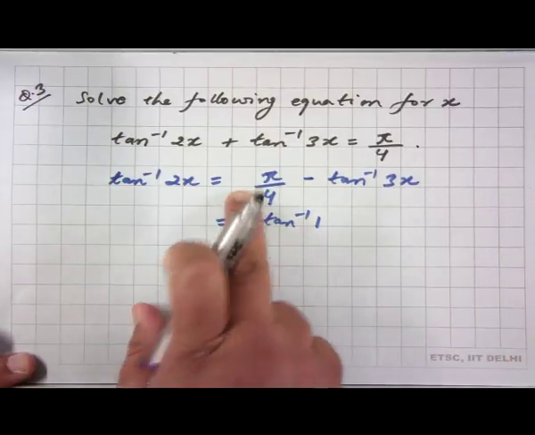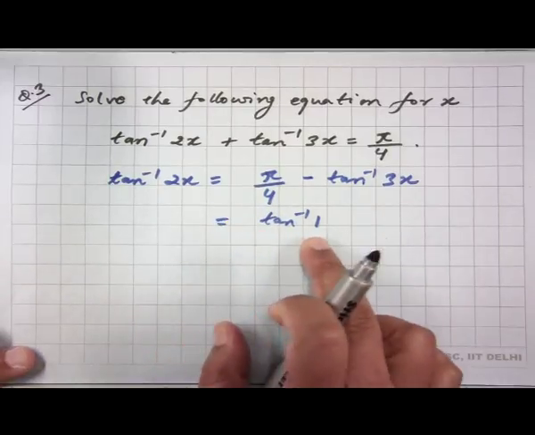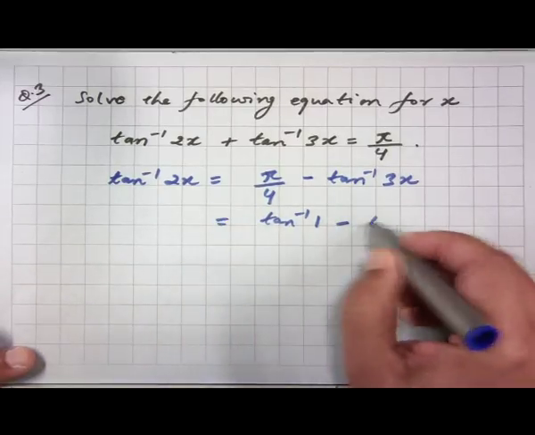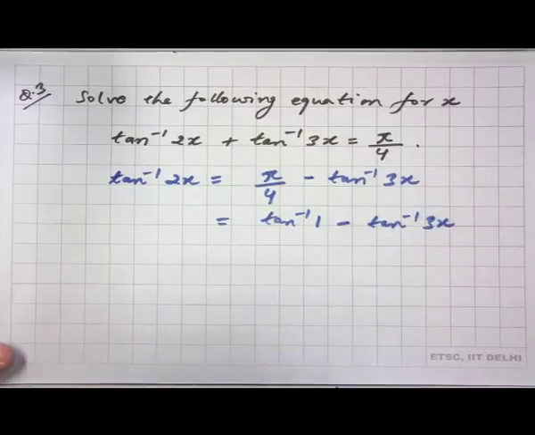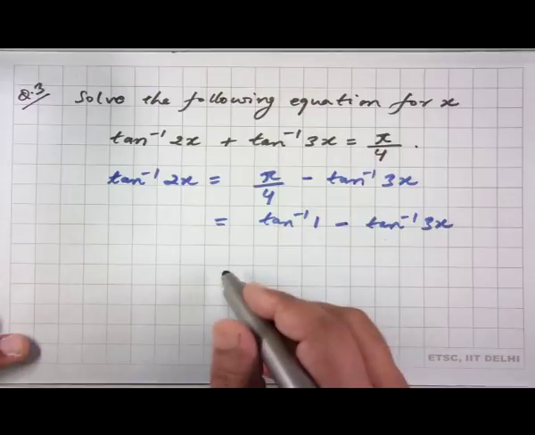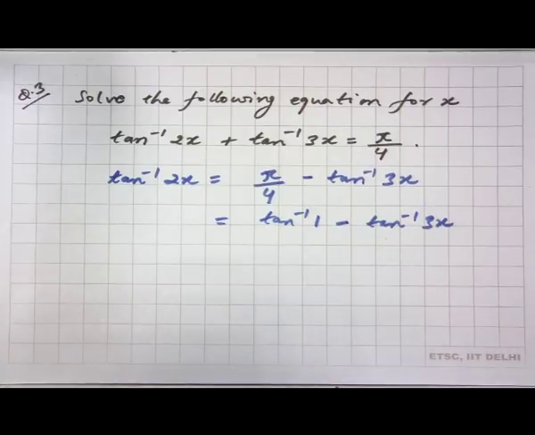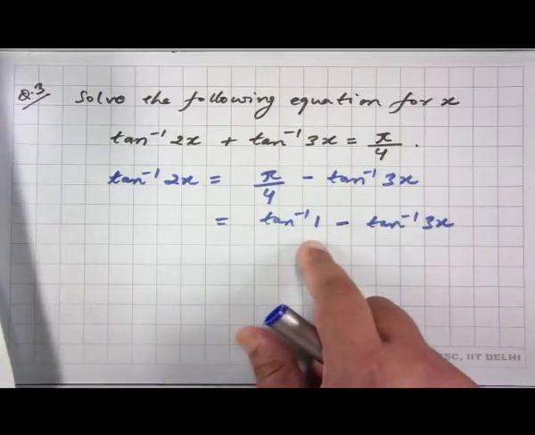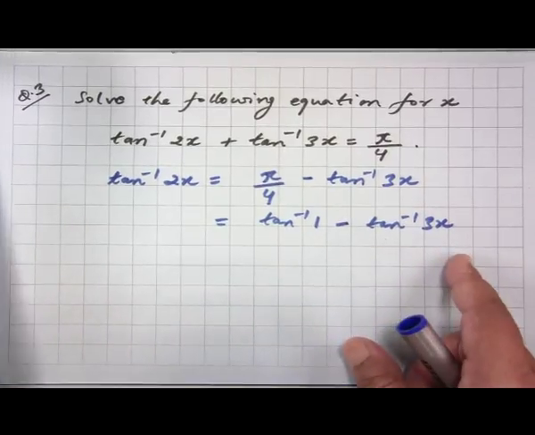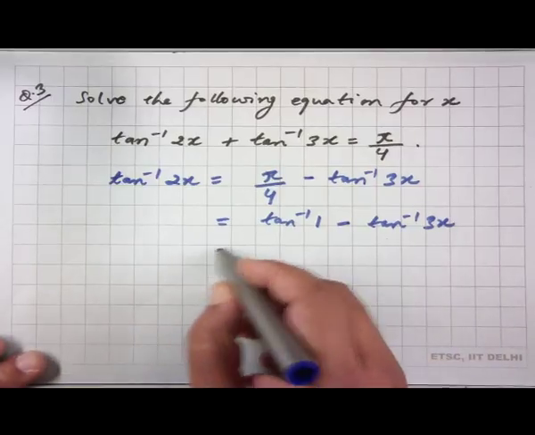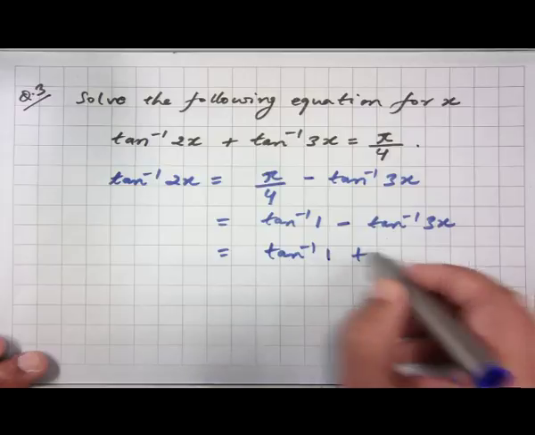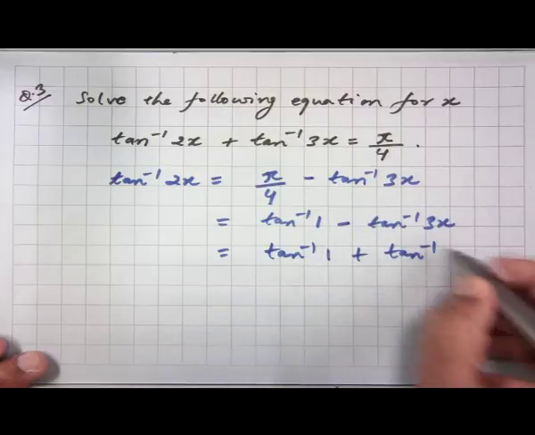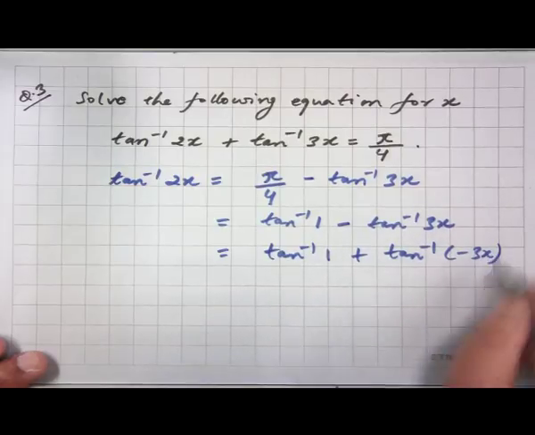So, we replace pi by 4 by tan inverse of 1, and therefore, the right hand side is equal to this expression. And then we can write it as tan inverse 1 plus tan inverse of minus 3x.